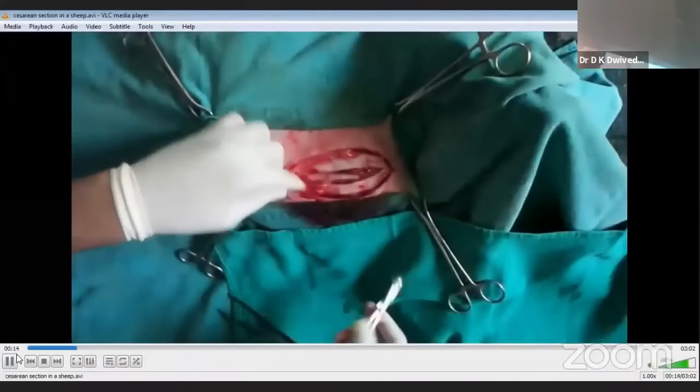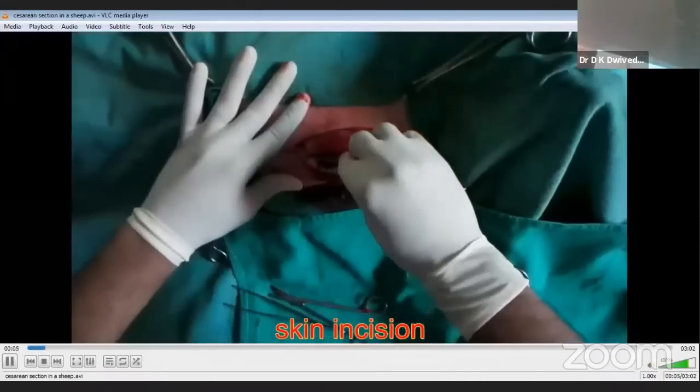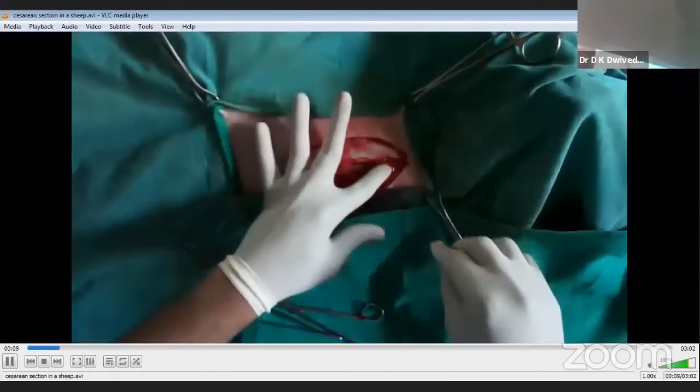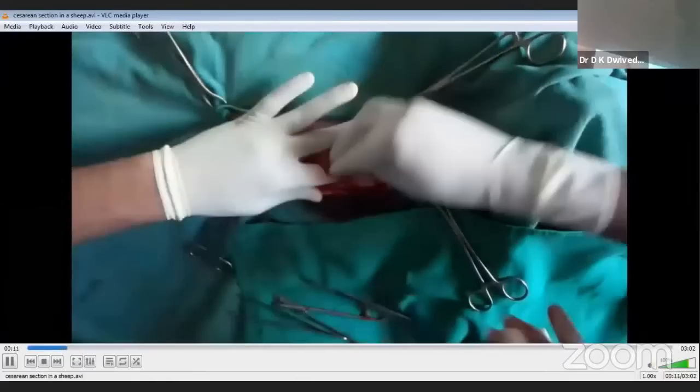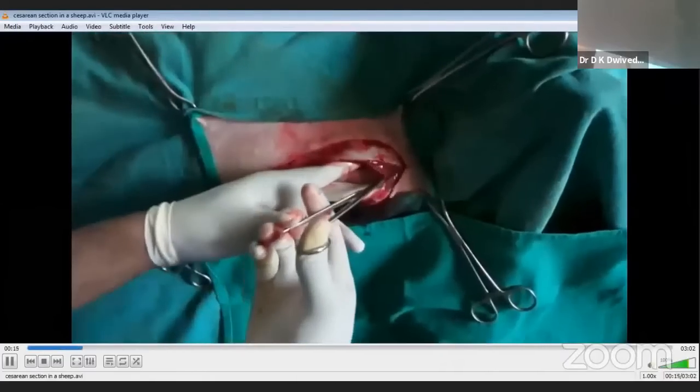So this is again a C-section procedure in a sheep. You can see again we are following, in this particular case, the paramedian approach. You can see this is the incision over the rectus muscles.